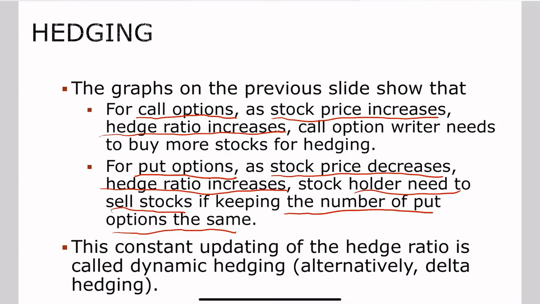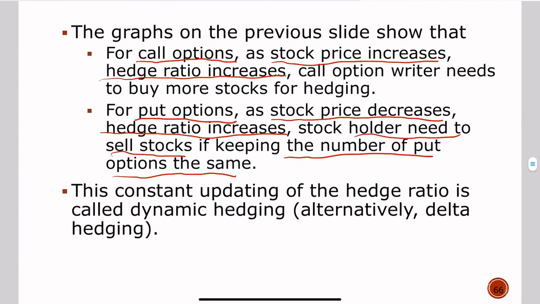So this is called dynamic hedging or delta hedging. It's called dynamic hedging because as share price changes, you will dynamically rebalance your hedging portfolio. This is called delta hedging because the hedging is based on option delta.